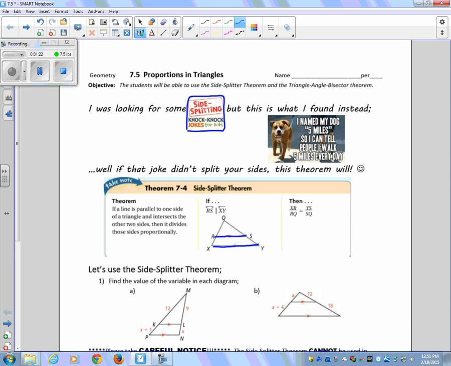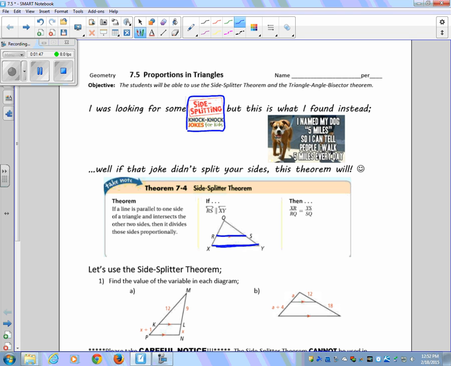In other words, we're not talking about a median here. We're not saying that this is a midpoint. This is saying you can draw this parallel line anywhere. It's not the same as a mid-segment. Any parallel line drawn anywhere in the triangle splits the sides proportionally, as long as it is parallel.